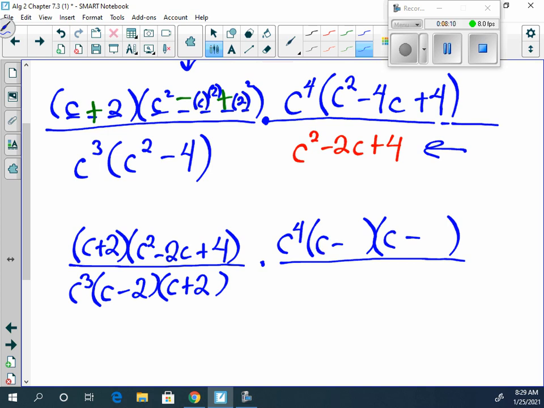Now, what factors of 4 are we going to use? 2 and 2. Because we did this one a minute ago, didn't we? c minus 2 times c minus 2. And when we multiplied this together and checked it, we found that the middle term was negative 4c, yes? So these are the factors. Now, lastly, we have c squared minus 2c plus 4.